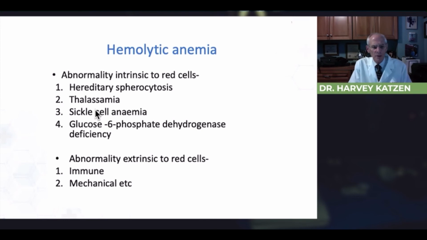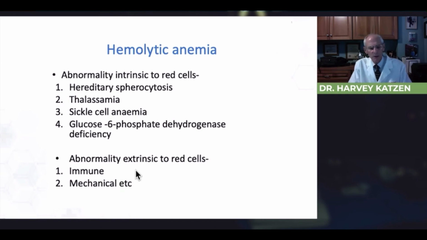Certain anemias with changes in the hemoglobin change the configuration of the cell. For example, sickle cell anemia creates what are called irreversibly sickled cells, and they have difficulty navigating the blood vessels, and they shear, they break, and that's another form of hemolysis.